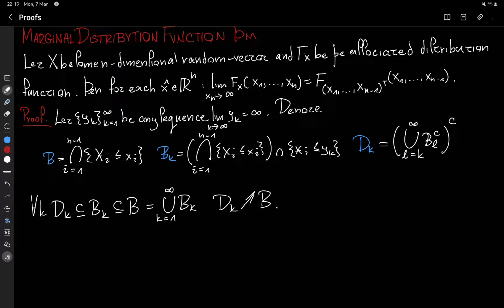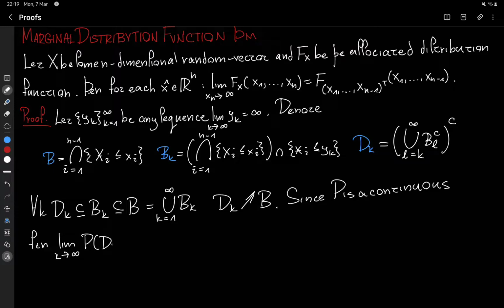Now, we know that P is a continuous function, so since probability is a continuous function, here is when Heine's theorem comes into play. The limit as k approaches infinity of P(D_k) is equal to P(B) from up here and from the reasoning I had used earlier.